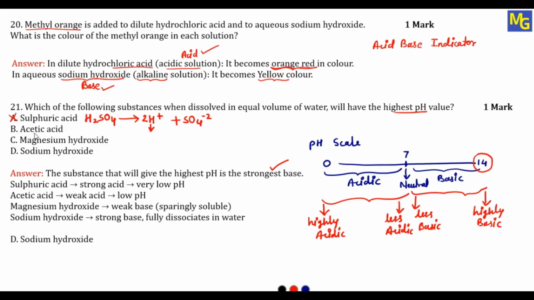If you see acetic acid, the formula is CH3COOH. When it is added in water, it will also split to give CH3COO- and H+.